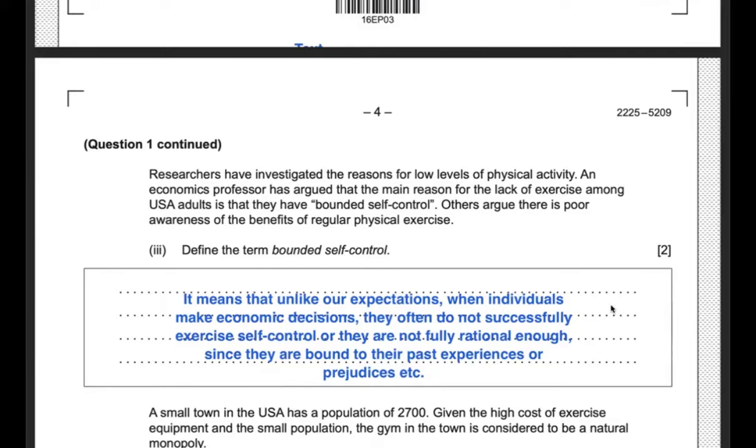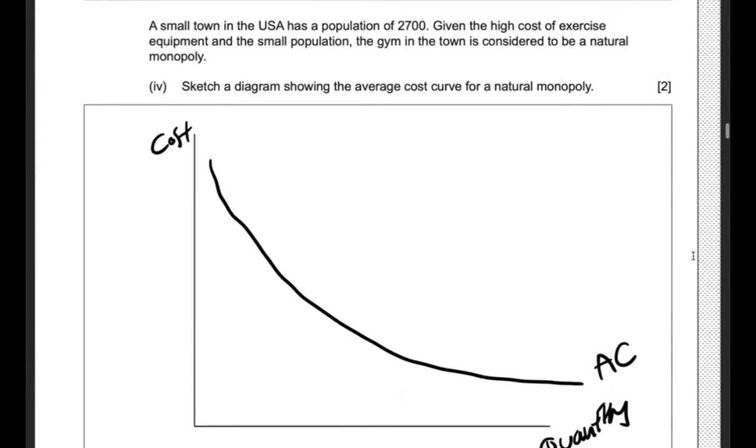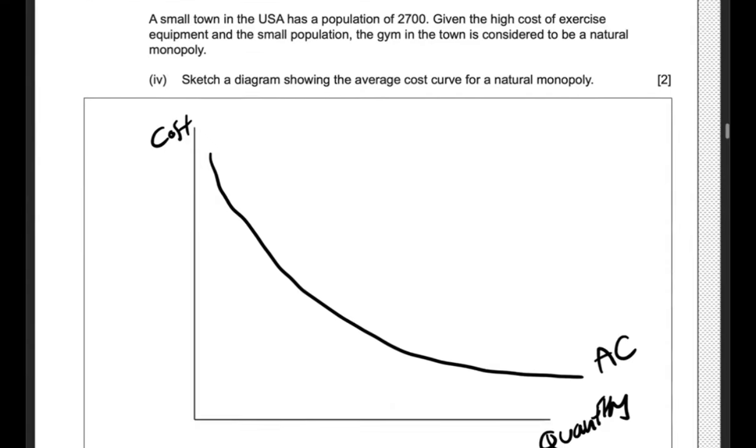Next, a small town in the USA has a population of 2,700. Given the high cost of exercise equipment and small population, the gym in the town is considered to be a natural monopoly. Sketch a diagram showing the average cost curve for a natural monopoly. As you can see, a natural monopoly has much higher initial cost spending.